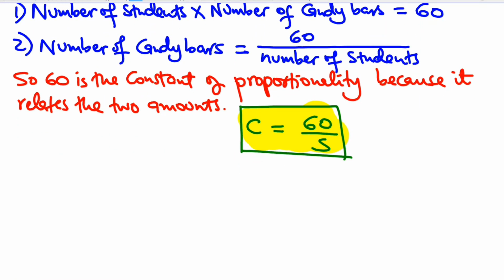In mathematics, when two quantities are inversely proportional, this is how we write it. C is inversely proportional to the number of students.